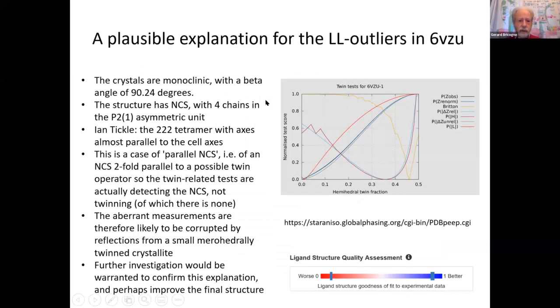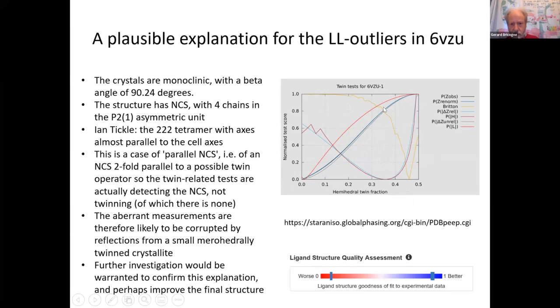Well, the crystals are monoclinic. They have a beta angle very close to 90 degrees. And the structure has NCS. And Ian Tickle had a look at this and found that the asymmetric unit is actually a 2-2-2 tetramer with axes almost parallel to the cell axes. In that case, the twinning tests that are done here in STARANISO or PDB PEEP show that there is no twinning.